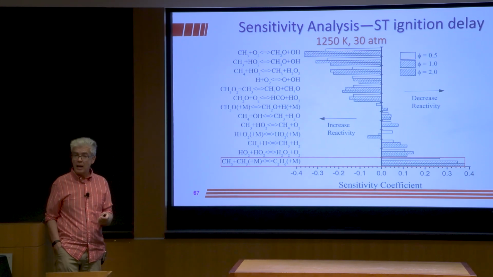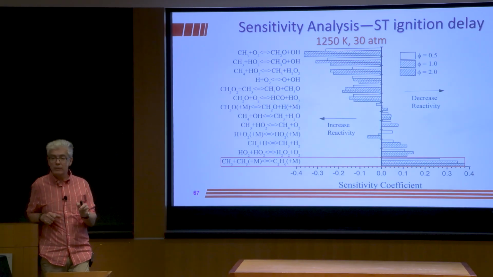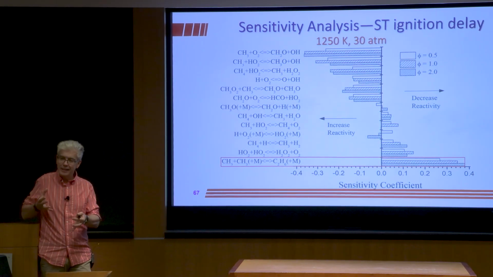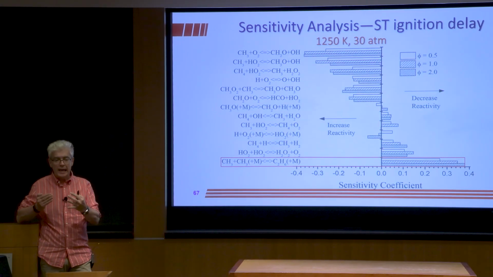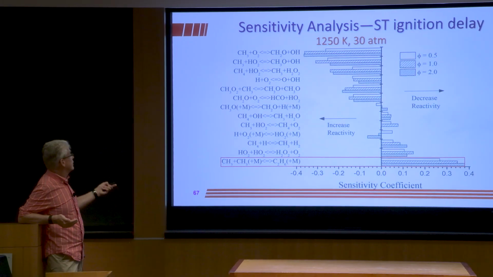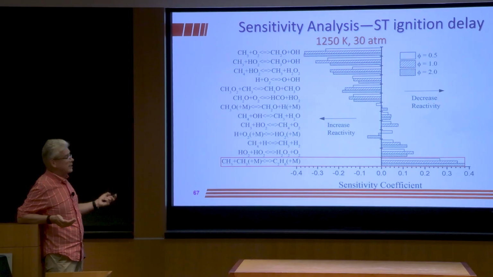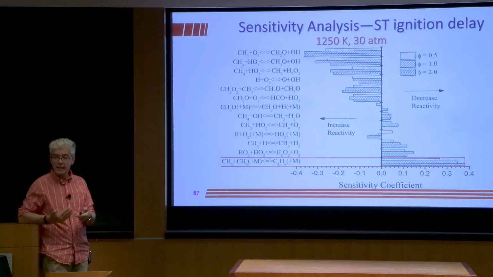So you better have an accurate rate constant for that too. If you don't, you're not going to have the decrease in reactivity, particularly in the 800 to 1100, 1200, 1300 Kelvin range, where the kinetics of HO2 and to a lesser extent O2 are important in competing.